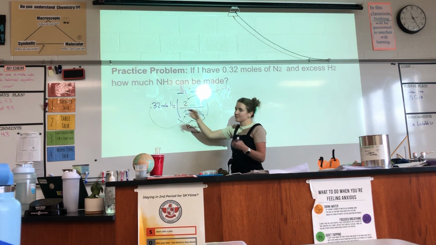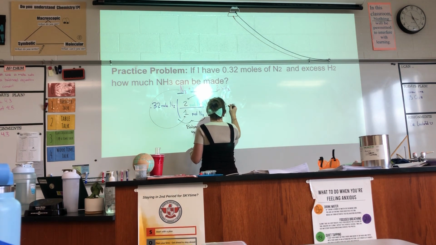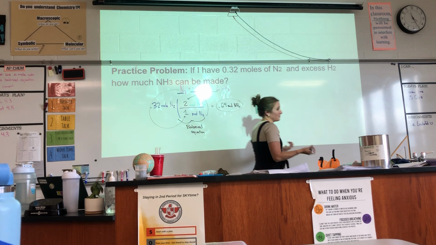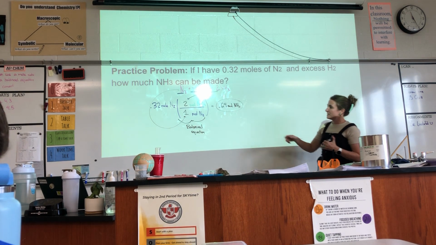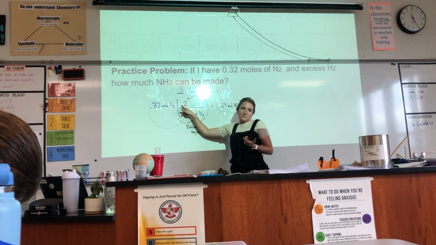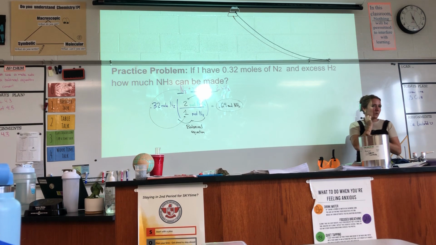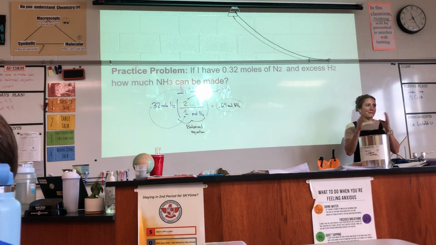And so in a sense, our answer will be just double, 0.64 moles of NH3 is how much I'll be able to create. I just did 0.32 times 2. Questions so far? This idea of our mole to mole relationship, before we expound on it slightly.